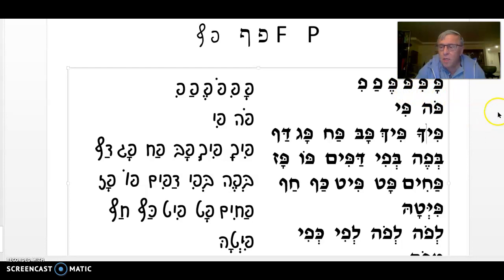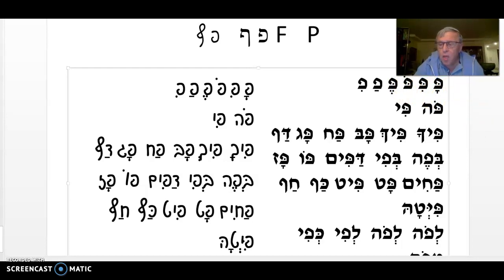It has a dot, so here is the dot on top of the Peh. Pe, pa, pi. Again, pa, pi, po, pe, fa, fi. Notice no dot, no dot.